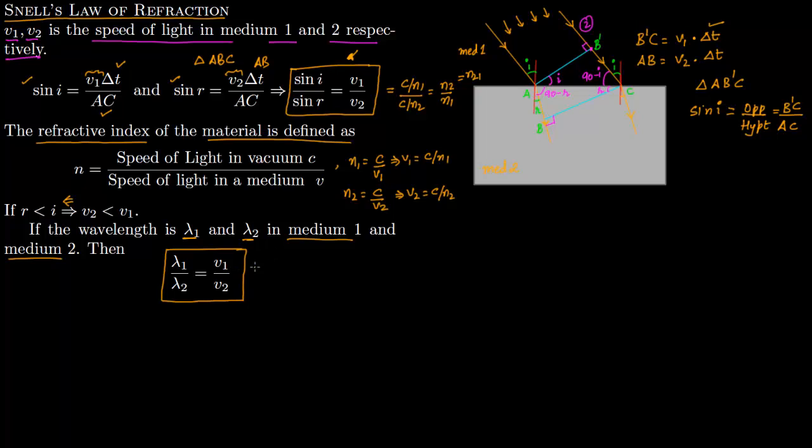So you can again plug it in here to get sine I by sine R is equal to lambda 1 by lambda 2. So again you can say if R is less than I, then denominator is less than numerator, that means lambda 2 will be less than lambda 1. That is if the ray bends towards the normal on entering the medium, that means the wavelength of the wave has decreased.